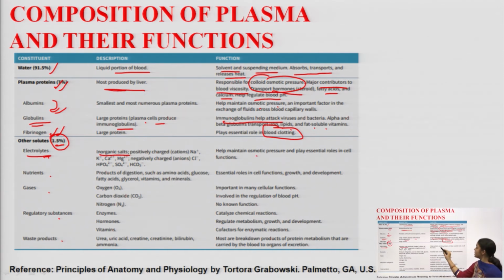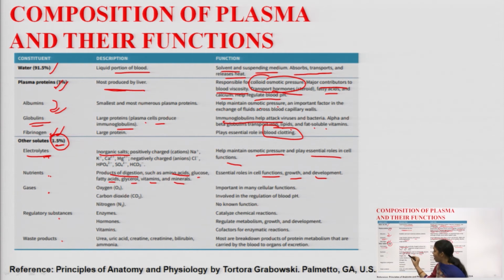Again, they help to maintain osmotic pressure and play essential roles in cell functions like contraction of muscles and release of neurotransmitters. Nutrients are the products of digestion such as amino acids, glucose, fatty acids, glycerol, vitamins and minerals, and they are essential in cell function, growth and development.